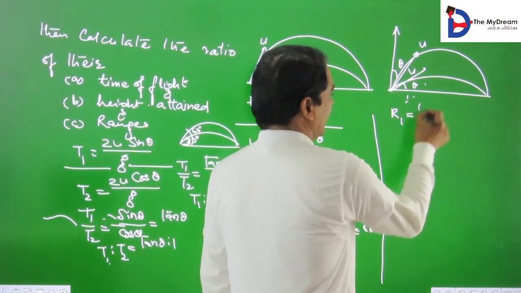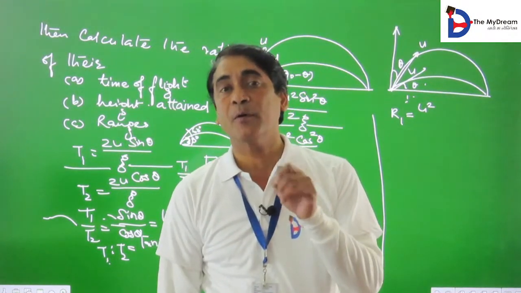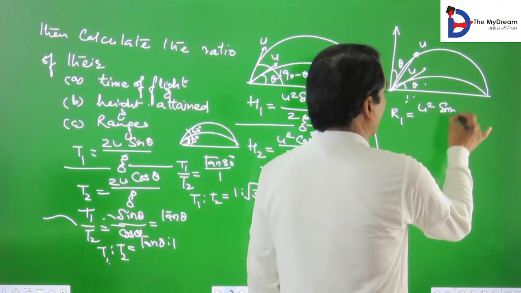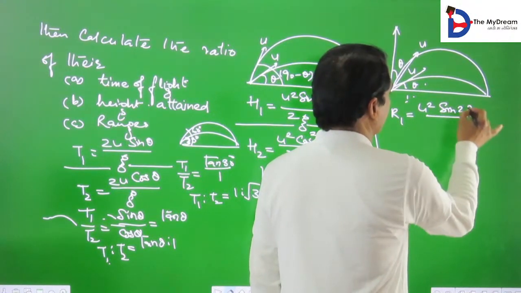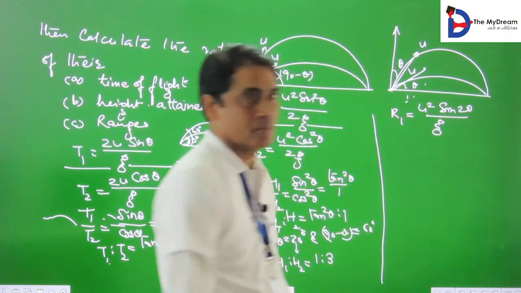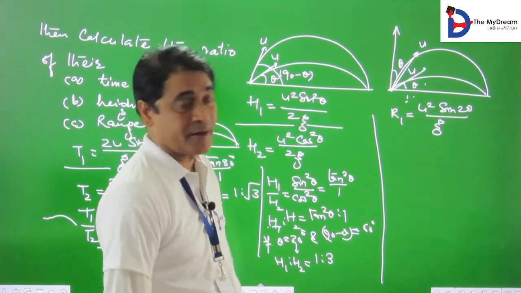The formula of the range is u square sin 2 theta upon g. Another one is projected with the angle of 90 minus theta.